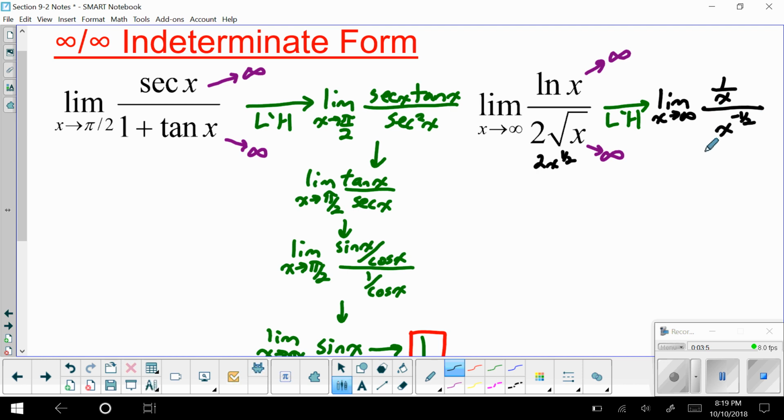I'm going to do a little simplification again, just to make this a little bit easier to work with. Remember, the AP exam does not require you to simplify, but a little simplifying when you want to work with what you've done is not a bad idea.